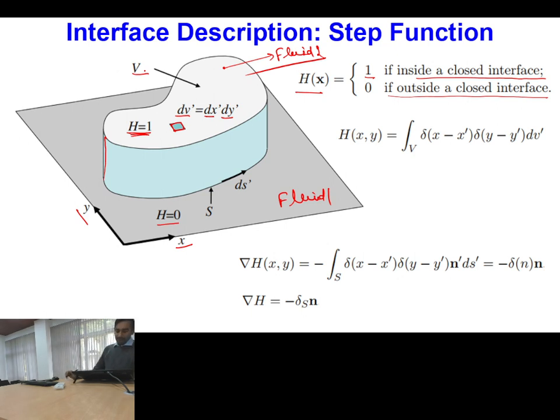Now, of course, the surface which is indicated by this entire contour is S, and ds dash is the surface of this small elemental volume. Okay, so if I have to define the value of h, step function h, as a function of x and y, I can take the volume integral and then I can use this one-dimensional delta function over here.